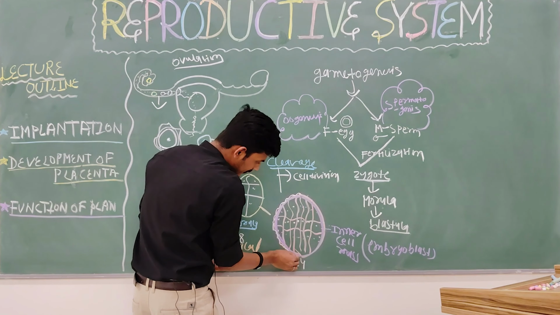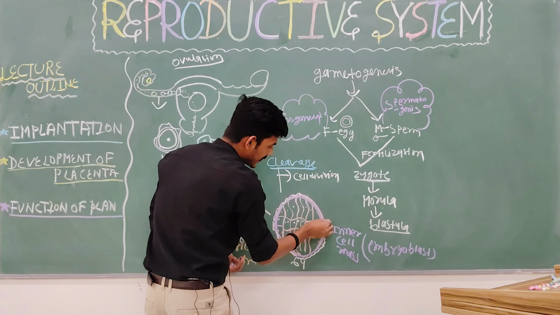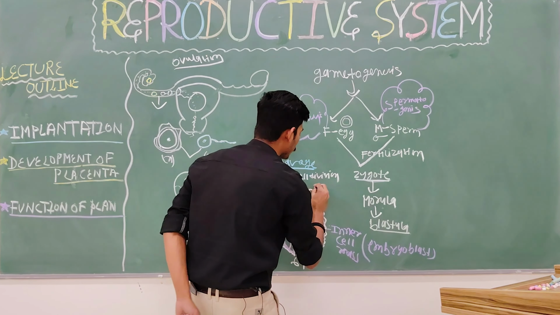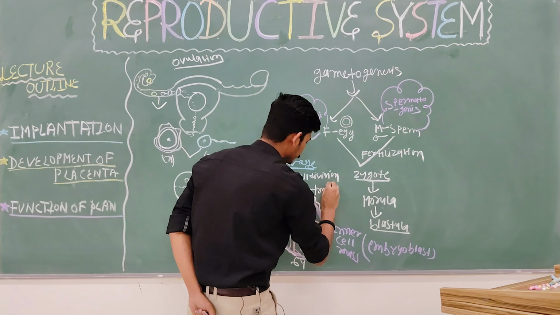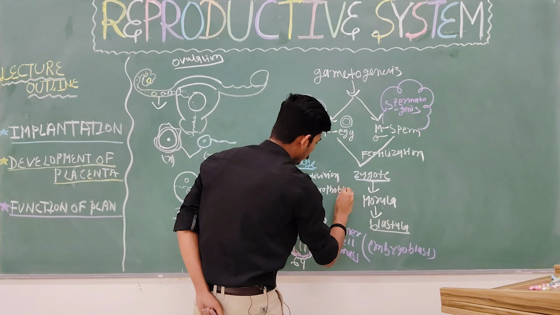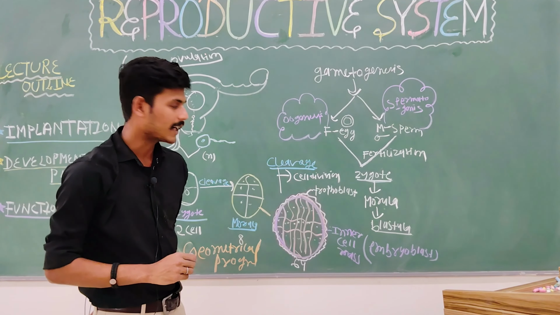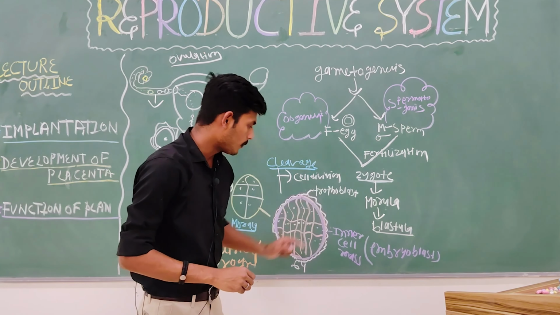This outer layer is called the trophoblast. Are you getting my points? Yes, this is called the trophoblast.